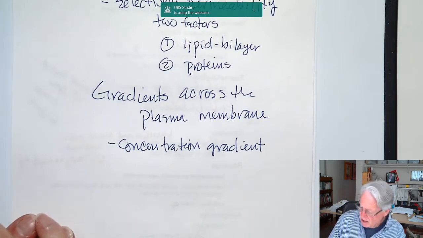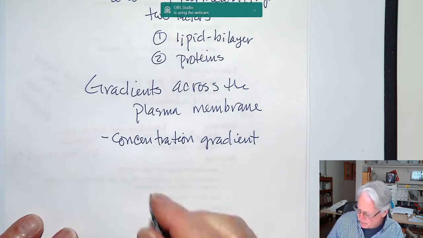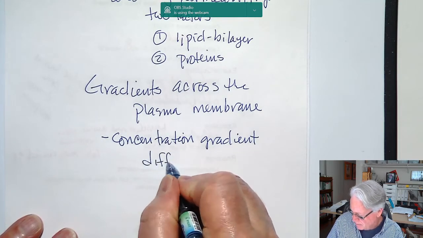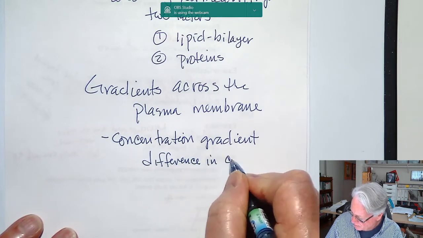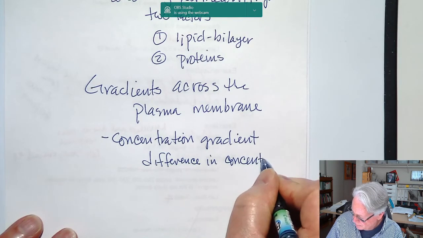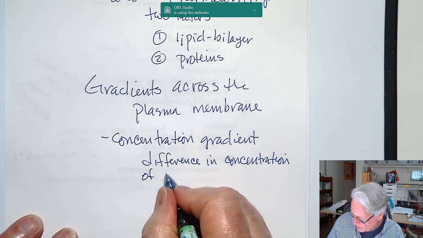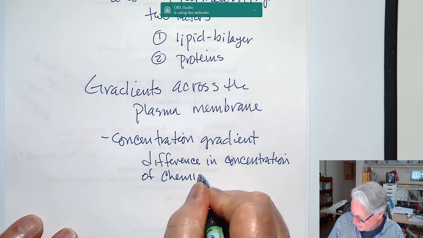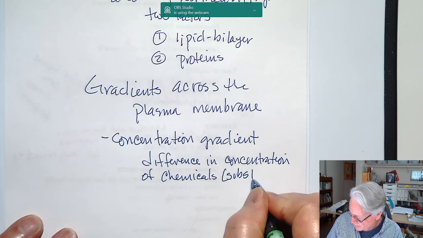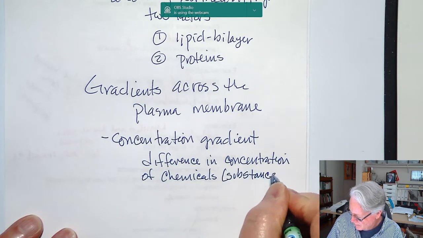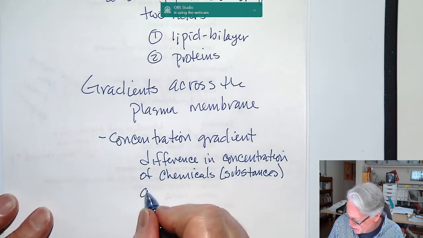Okay. The way we're going to define a concentration gradient is the following: a difference in concentration of chemicals or substances across the membrane.